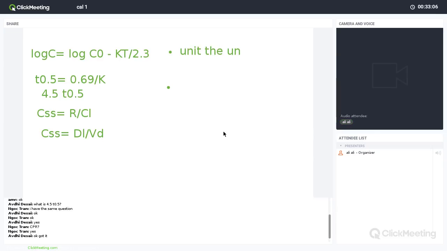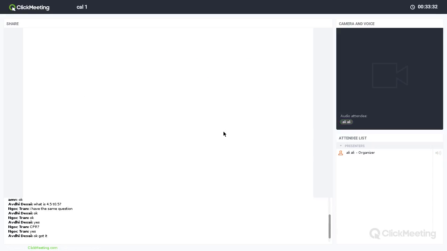Unite the units. Then the second one is that you get the final value of each component of the question. How? We will see.